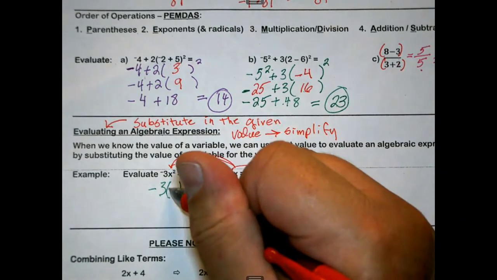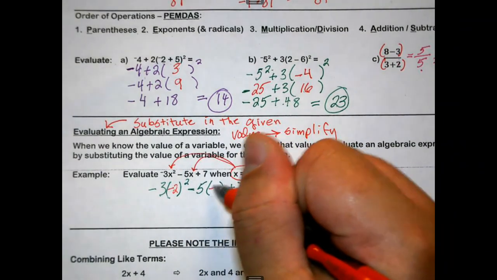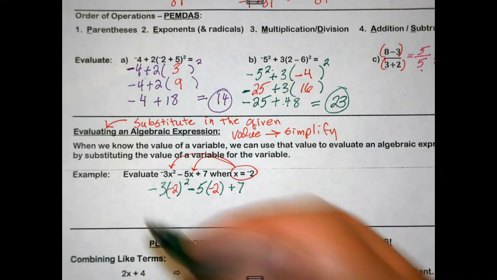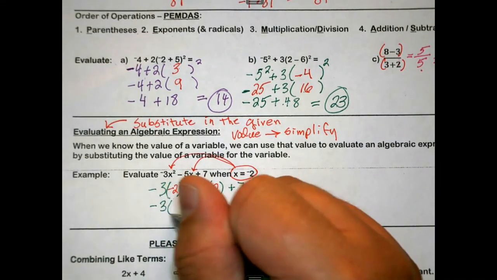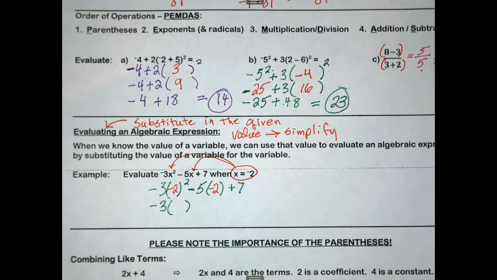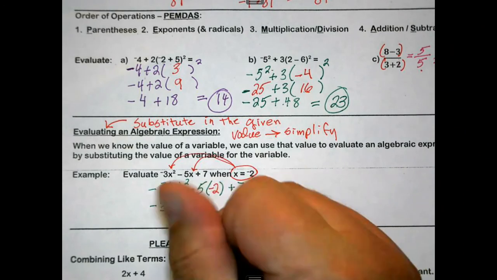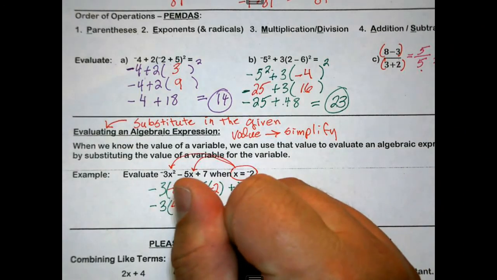So I'm going to put in my -2 for the x and then follow PEMDAS, right? Parentheses, well, there's nothing to do in these parentheses. Exponents, that's what I do next. Negative 2 times negative 2 is positive 4, right?